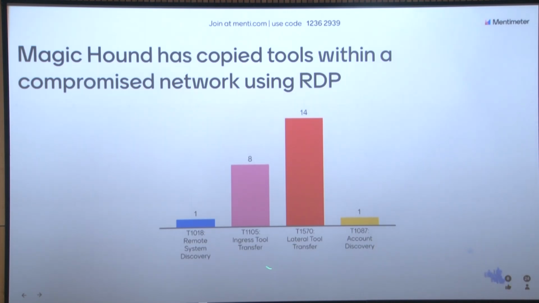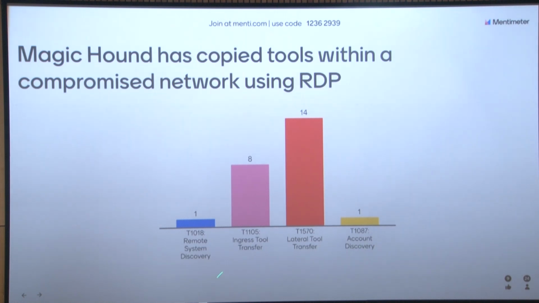You have to understand the difference between ingress tool transfer and lateral tool transfer. Similarly, there are some techniques which are close to each other and might be confusing during the exam if you have not seen and understood the differences between them. Is it clear? They are transferring the tool laterally within the network only, which is why the name itself represents it.